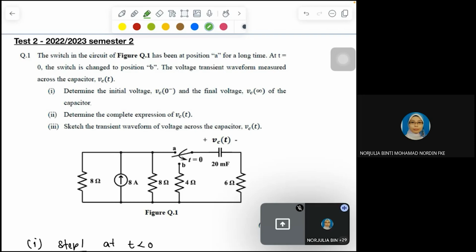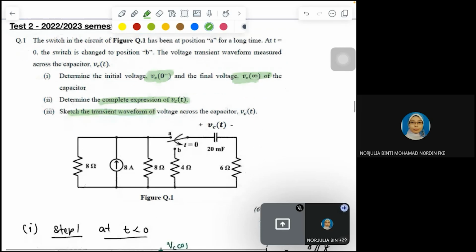All right, so based on this circuit, you are required to calculate the initial voltage at the capacitor and also the final voltage at the capacitor. After that, you need to write down the complete expression of the V across the capacitor and finally sketch the transient form.